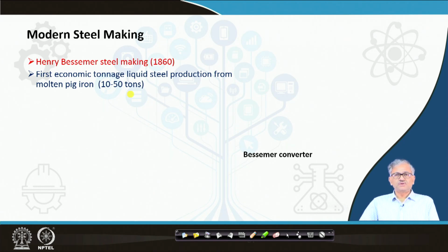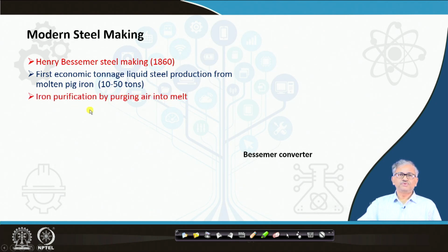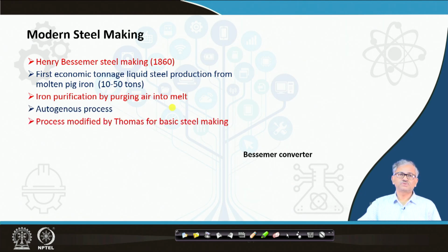So Bessemer wanted to convert that liquid iron to steel, that is, to purify the liquid iron by oxidation and take out the impurities. So it was needed at that time: iron purification by purging air into the melt. This is an autogenous process, because you are purifying the liquid iron by oxygen, oxidizing the impurities like carbon, silicon, manganese, and as a result generating a lot of heat, because all these oxidation reactions are exothermic.